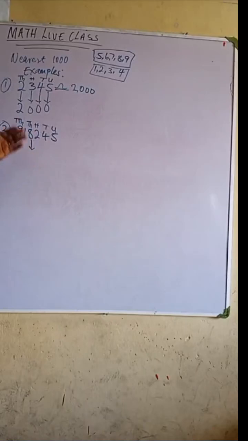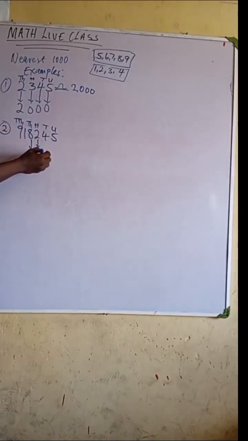Now once you get to numbers you cannot round up to 1, that means the one you are rounding up to remains the same. For example, what we have here, 8. Now this one here is the one we are supposed to consider, and it's not up to a number we can round up to 1. Since it's not, the 1,000 digit remains the same, which is 8.